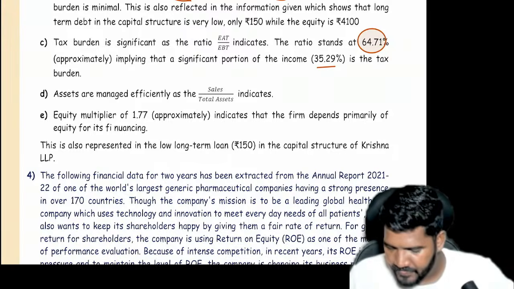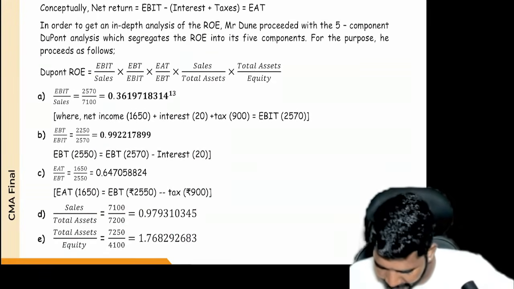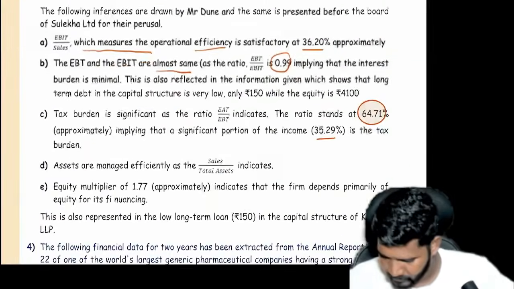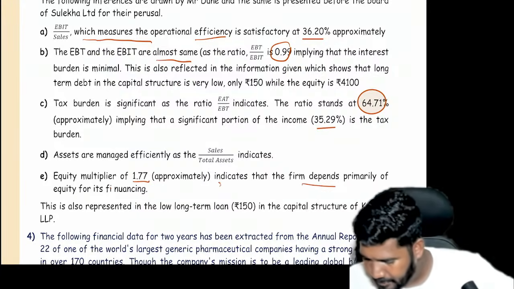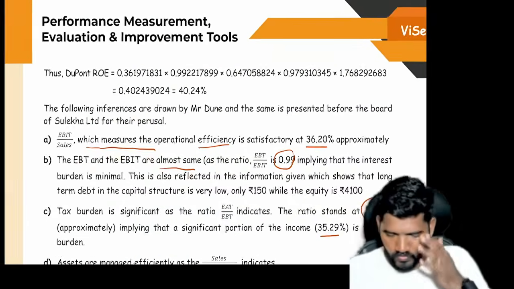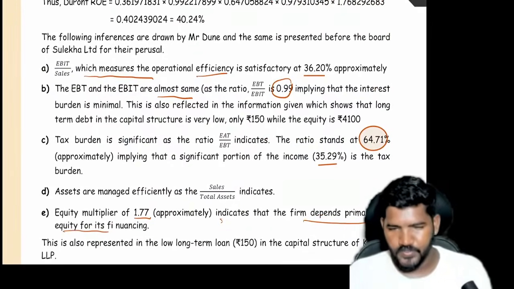Assets are managed effectively. Why? Because asset turnover ratio is 0.97, so near to 1 rupee. Equity multiplier 1.77 indicates that the firm depends primarily on equity. So after calculation you need to write these observations also.